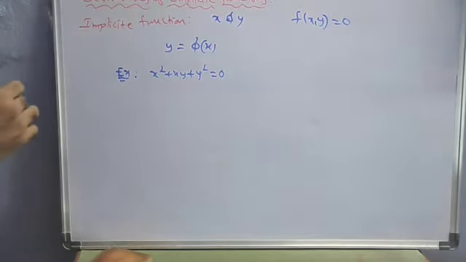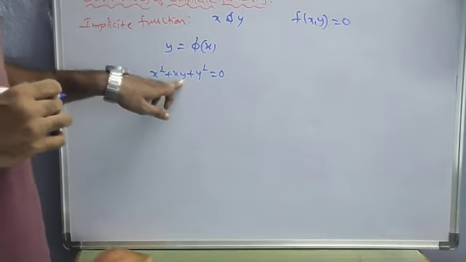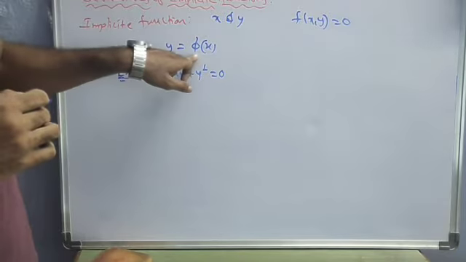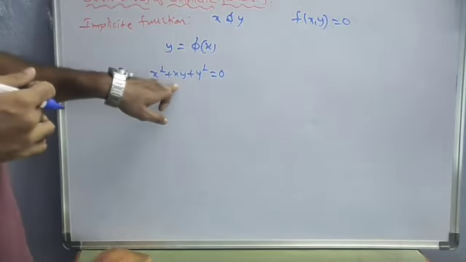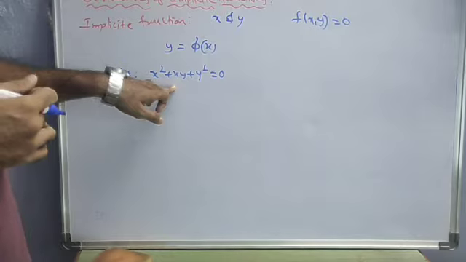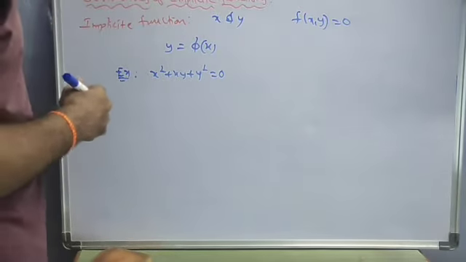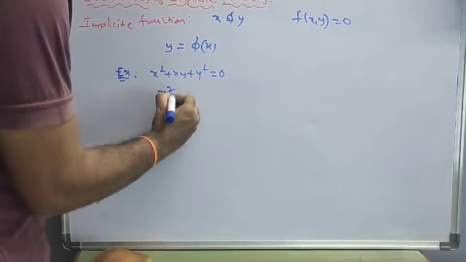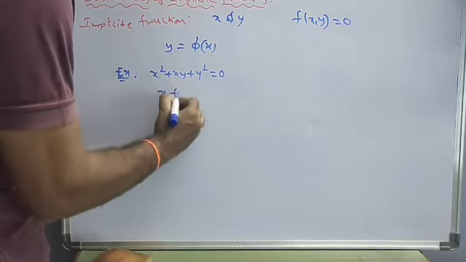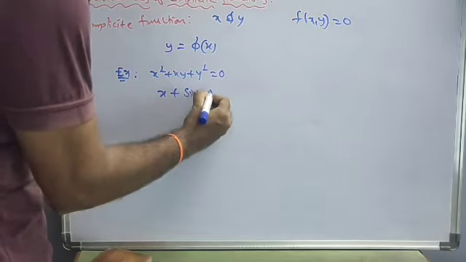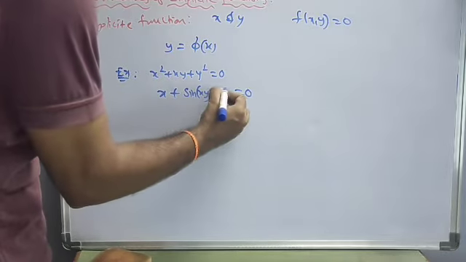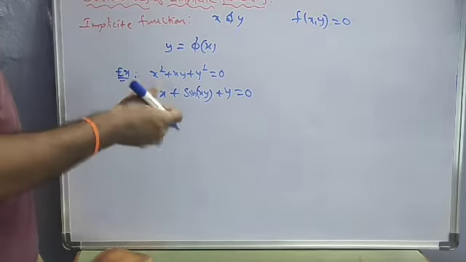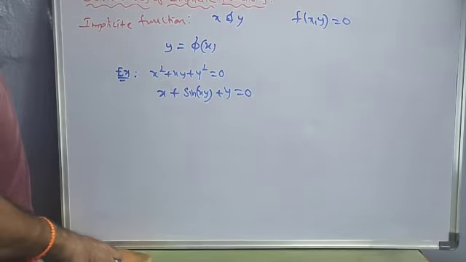You cannot express this function as y equal to some function of x. Next, you can take x plus sine of xy plus y equal to 0 or a constant, whatever it may be. This is also like that. We can take many examples.